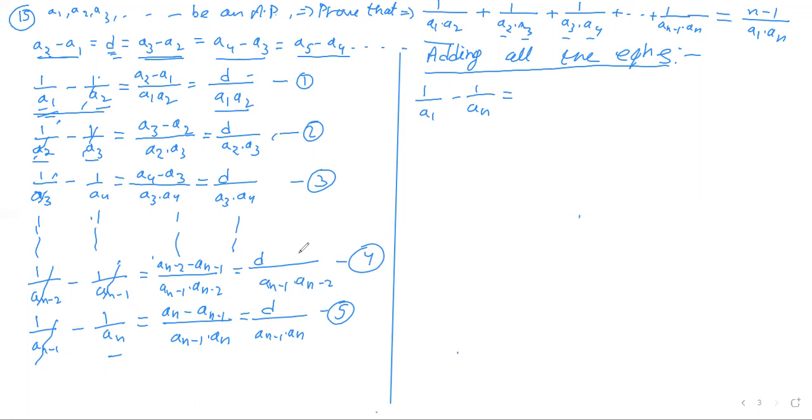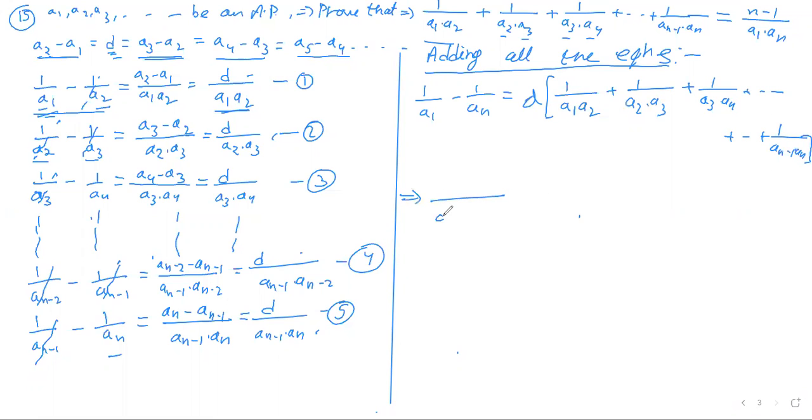equals, in the right hand sides, when we add all these terms, d is common, and inside the bracket is 1 by a1 a2 plus 1 by a2 a3 plus 1 by a3 a4 and so on up to 1 upon an minus 1 into an. Now if we take the LCM on the left, a1 into an, the numerator is an minus a1.